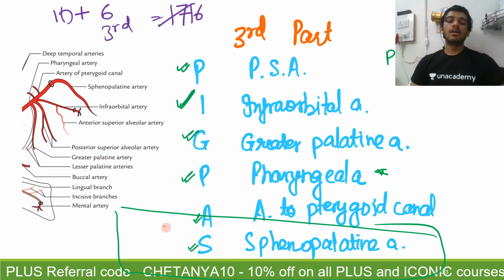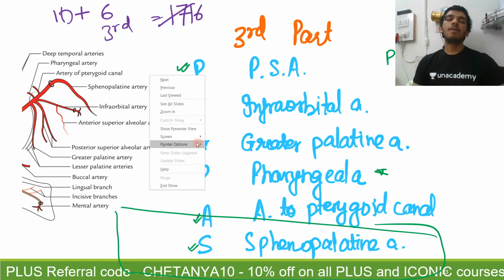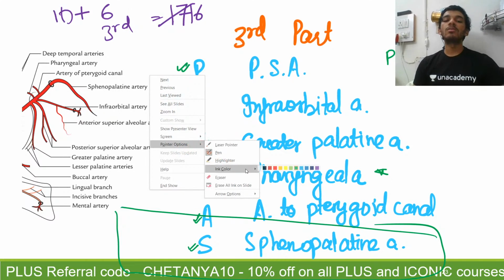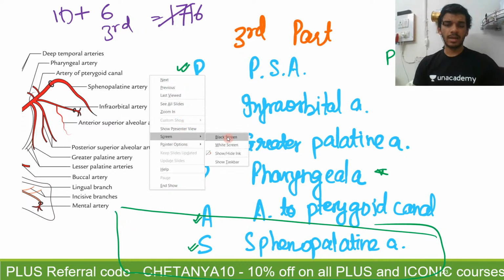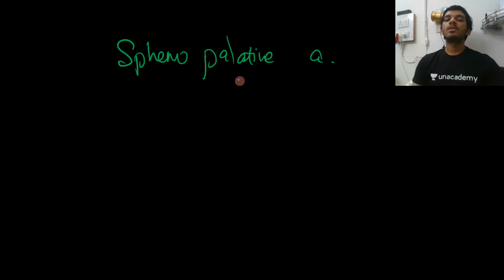Let's talk a little bit about the sphenopalatine artery. I hope you know it enters the nose by the sphenopalatine foramen. We talked about this in the lecture on nose. What is the thing to know about the sphenopalatine artery? First, that it is the largest branch of the maxillary artery given in the pterygopalatine fossa.